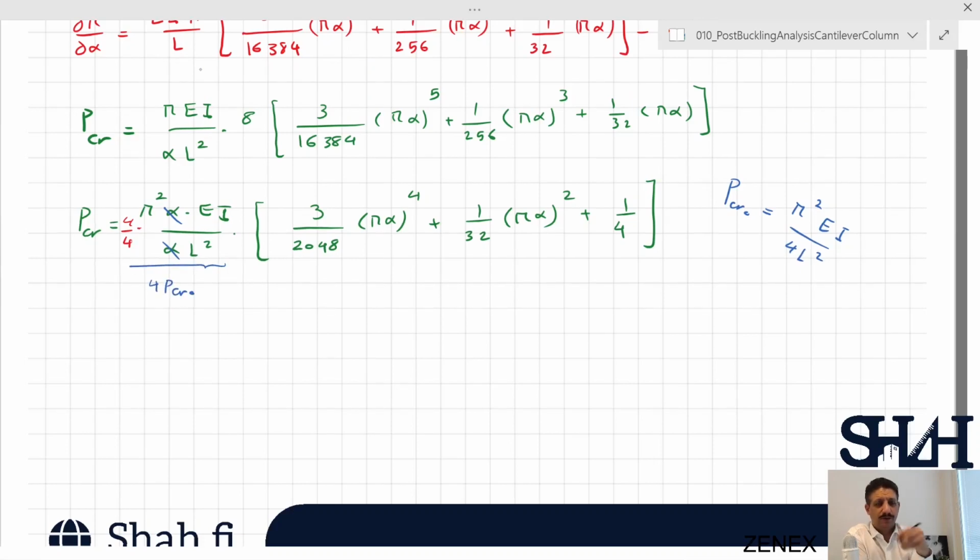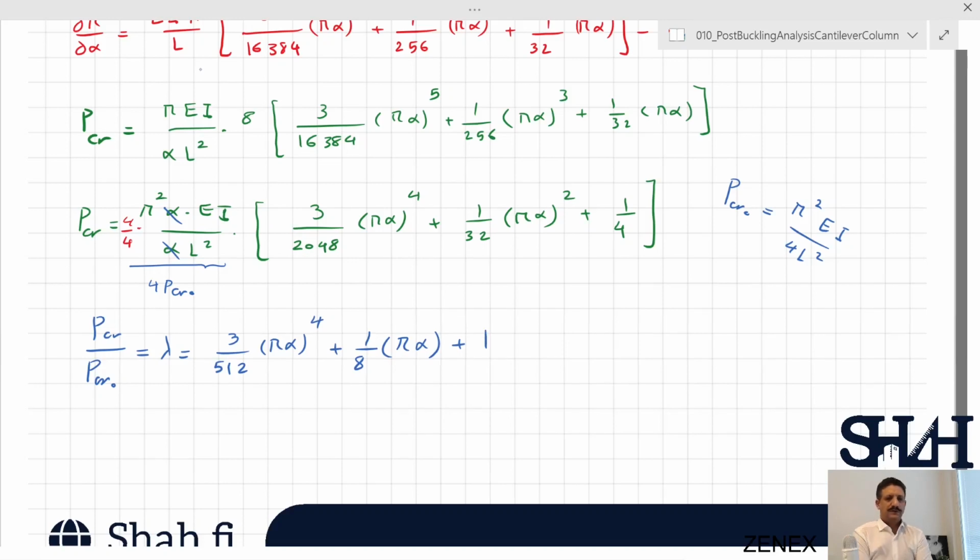The same method that we used. So then P critical over P critical 0, that we called lambda, will be, I can multiply 4 with this equation. So it will be 3 over 512 pi alpha power by 4 plus 1 over 8 pi alpha plus 1. So this is the lambda equation, similar to what we had earlier in the other example.